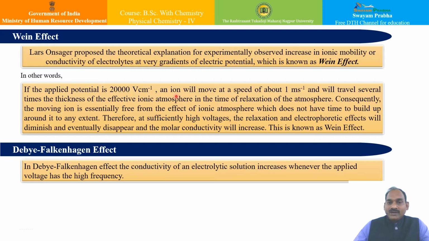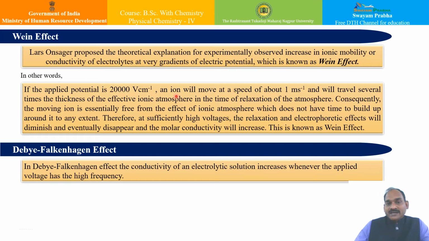Now what happens when I apply a very high electric field? Under a very high electric field, the ion moves very rapidly, and since it moves so rapidly, it effectively loses its atmosphere because there is no time to rebuild the ionic atmosphere once again. As a result, the ionic motion does not get slowed down.